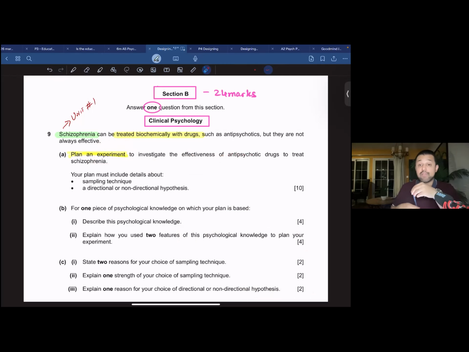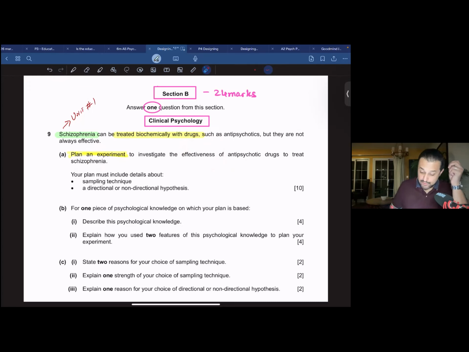Having a look at what the question demands, it says, plan an experiment to investigate the effectiveness of antipsychotic drugs to treat schizophrenia. You're expected to plan an experiment where you would be investigating how effective antipsychotic drugs are to treat schizophrenia.